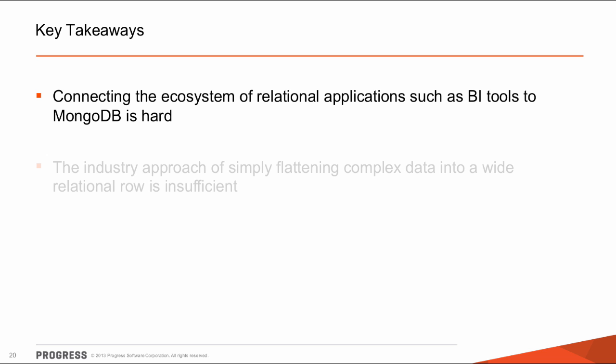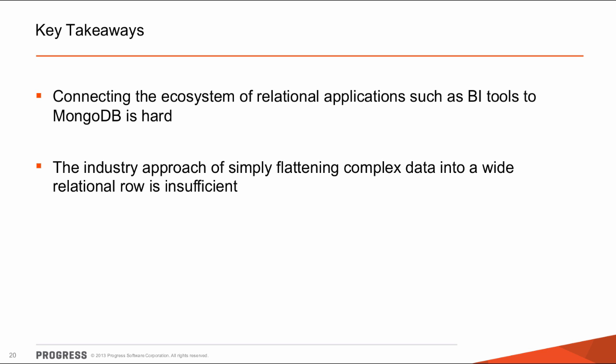And the industry approach of flattening the complex information represented and stored in JSON or in NoSQL sources and in MongoDB in particular into this potentially very wide relational row just really isn't enough. It's insufficient. It isn't the way that the ecosystem of relational products wants to and expects to see that data.